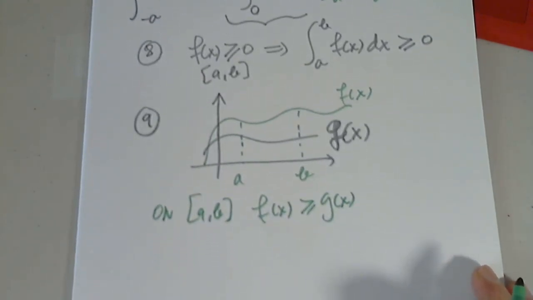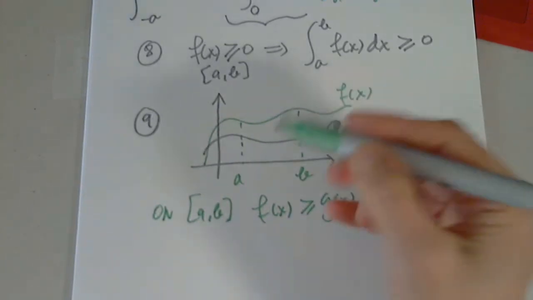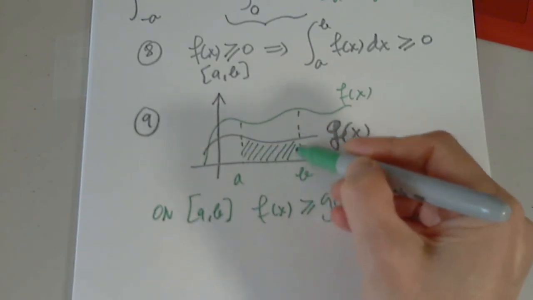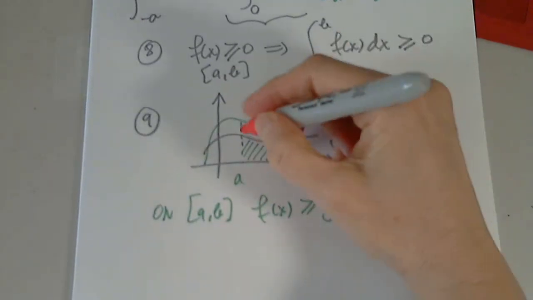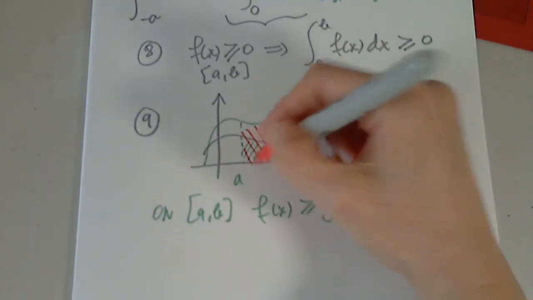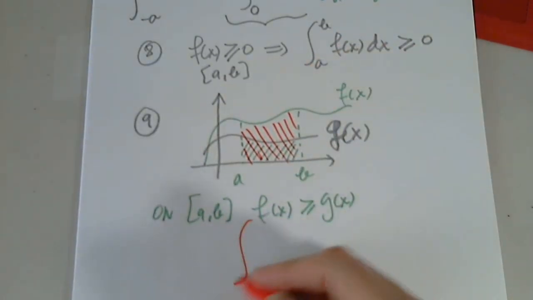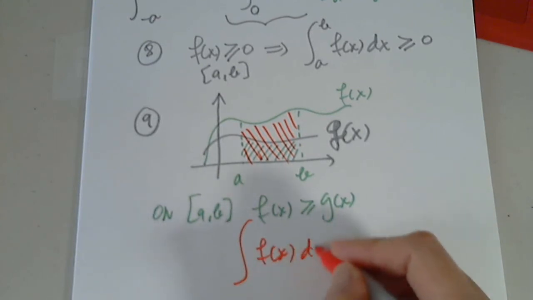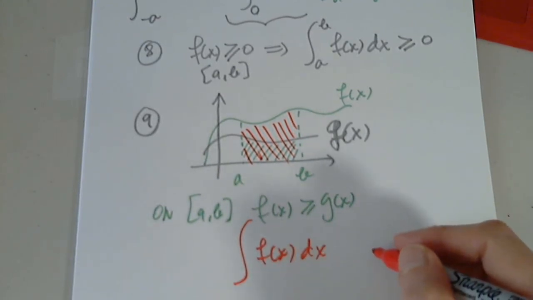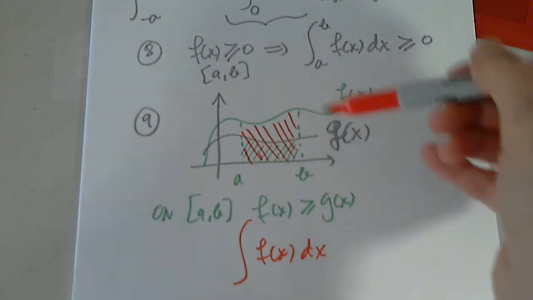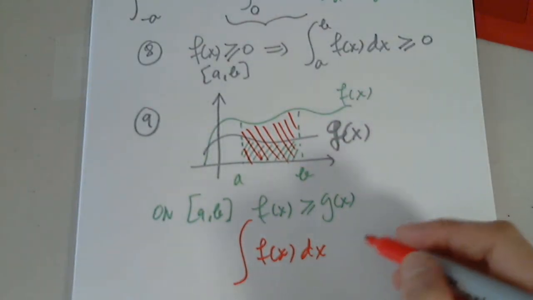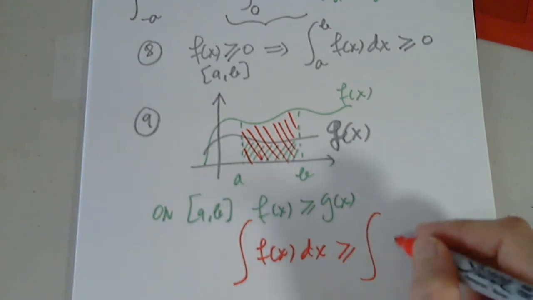Would you agree? Yes. Then you will agree that the area under f must also be greater. Of course. If f is greater than g, the area under f has to be greater than the area under g.